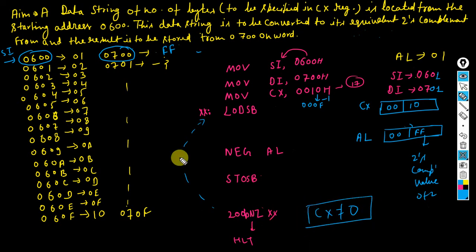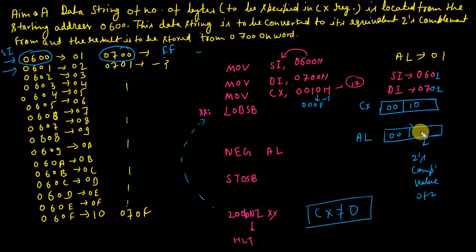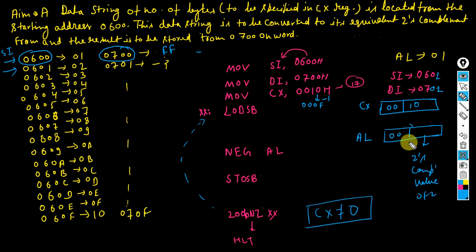The pointer moves to this location, and again LODSB means content of source index SI indicates this address, and content of this address is 02. Load in our AL is 02, and our SI is updated.